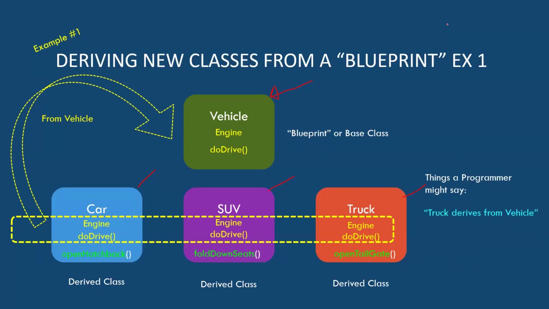So we would say things like the truck derives from the vehicle, or inherits attributes from the vehicle, or is a vehicle. These are typical ways of describing this inheritance. Sometimes I will say a truck class is a child class of the vehicle. It's a little bit murky because sometimes we talk about parents and children in terms of pointers. I don't mean to confuse you by that, but in the inheritance way, the way we inherit from our ancestors, there's a child-parent relationship there.